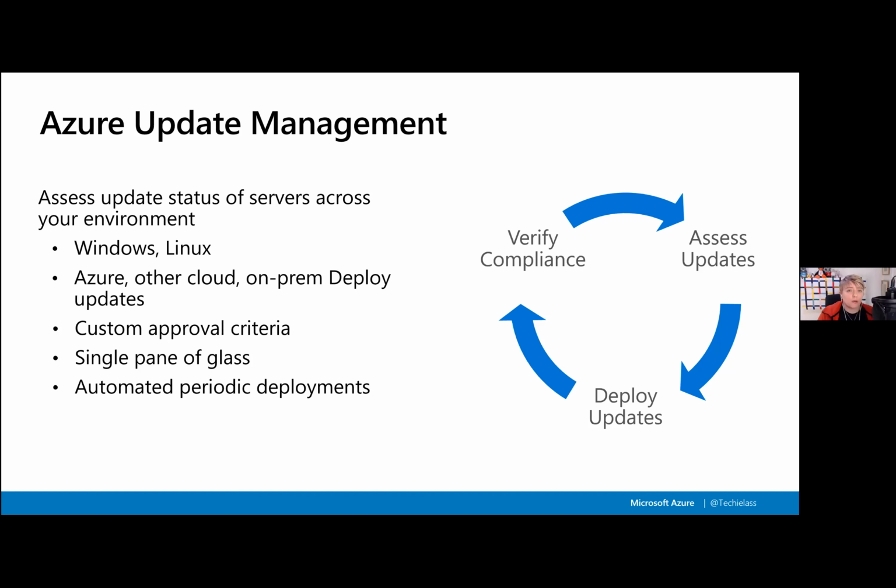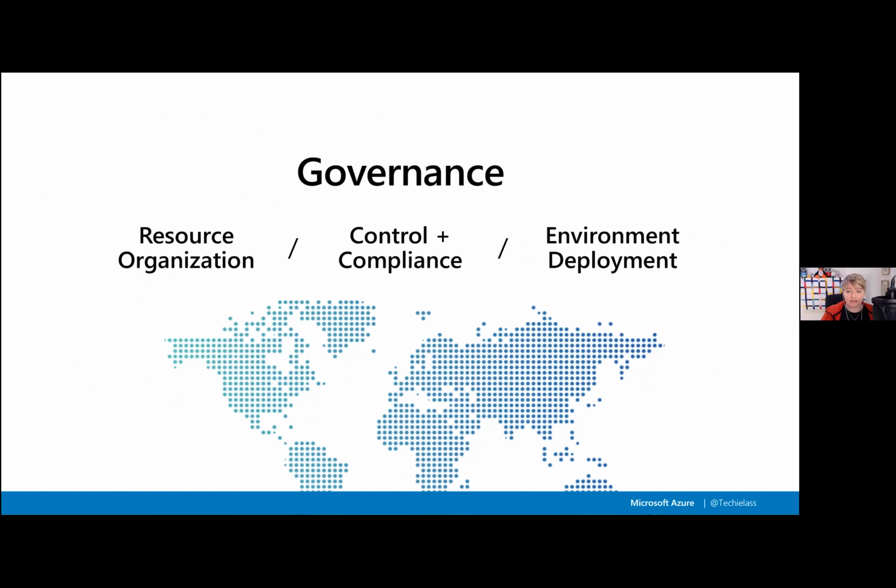Now, one of the other topics that we see across the board is being able to manage all of these servers and infrastructure that are spread out across the various different environments that you have. How do you manage all of your resources? How do you make sure that you're controlling them correctly? How do you make sure that you're meeting those compliance needs that your organization has?